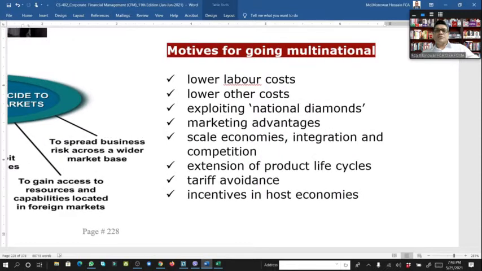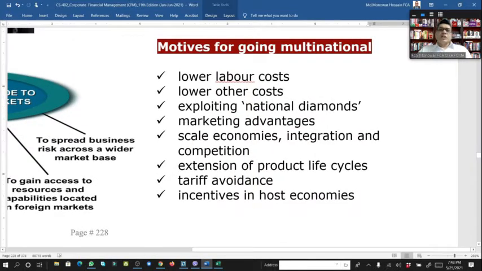Why do we go for multinational? Lower labor cost. If a country's labor cost is low, then a huge industry may be established. For example, in our country we have the garments industry because of lower cost of labor.